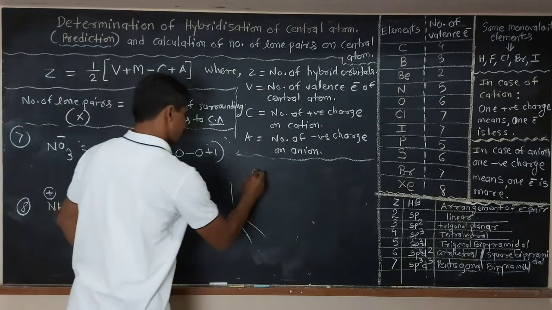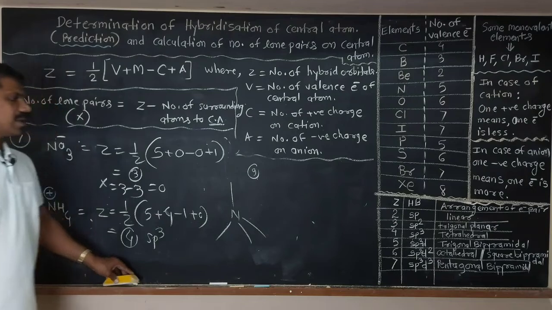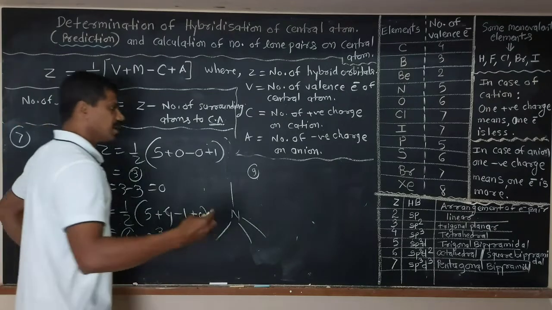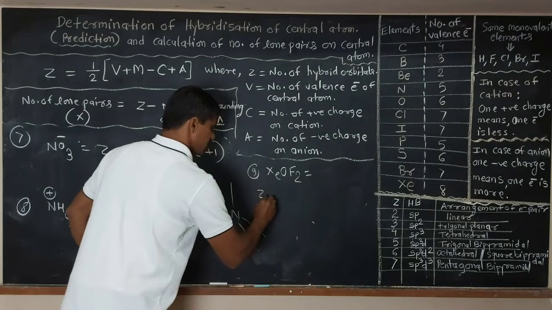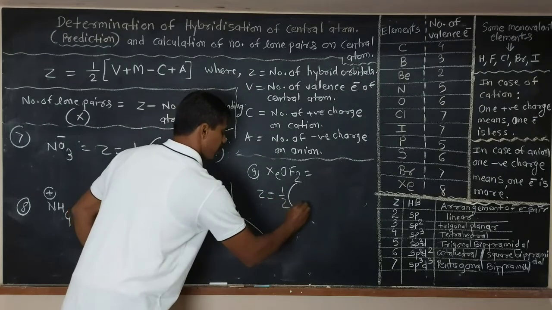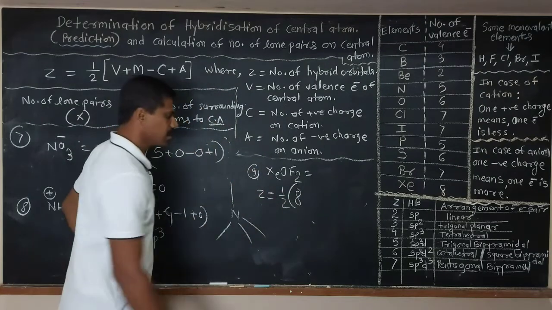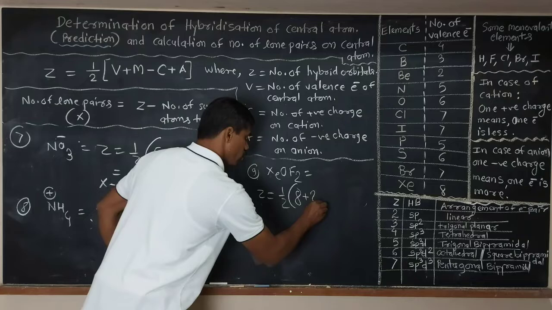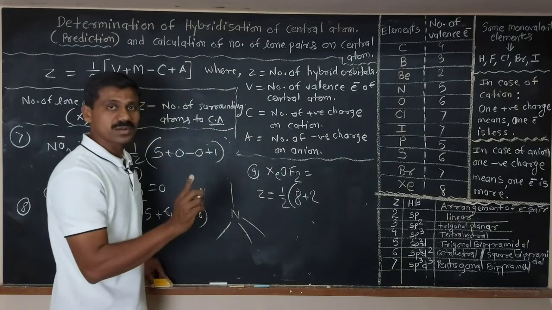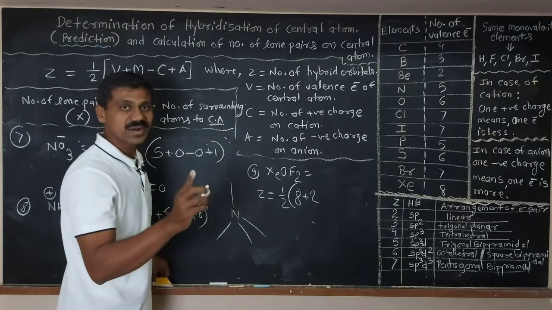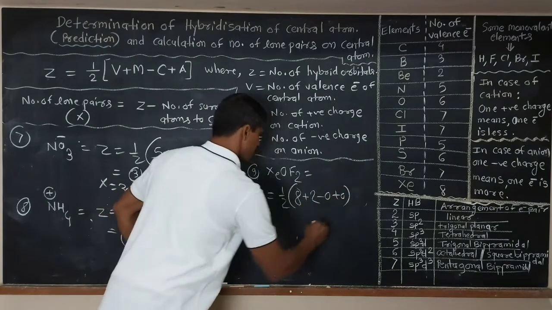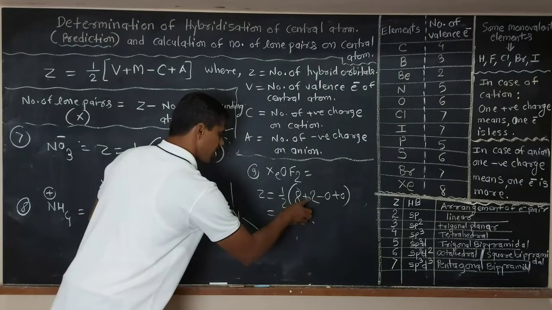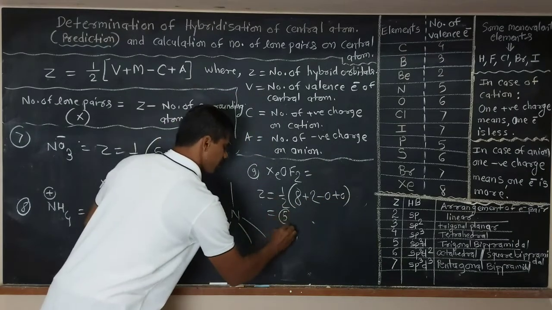Next example number 9 is XeOF2. Z is equal to 1/2 into 8 for valence electron of xenon plus 2 for fluorine, not for oxygen. Oxygen is not monovalent. Then minus 0 plus 0, 8 plus 2 is 10, into half is 5.